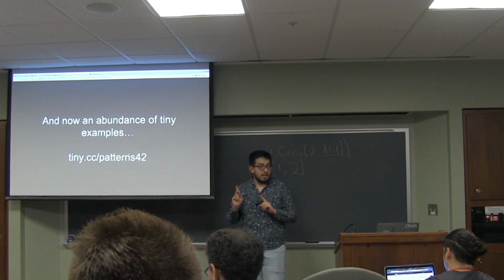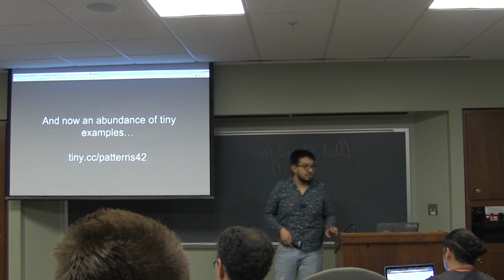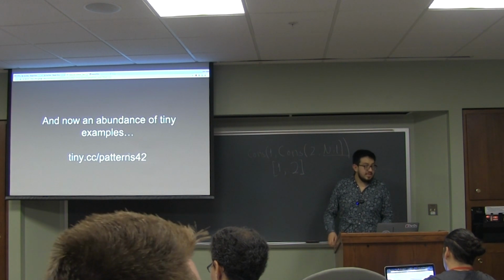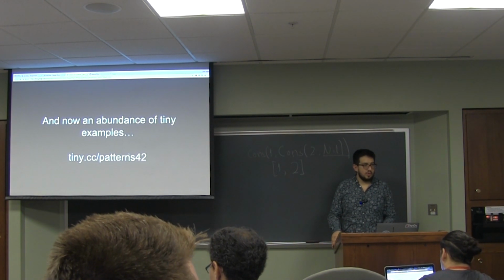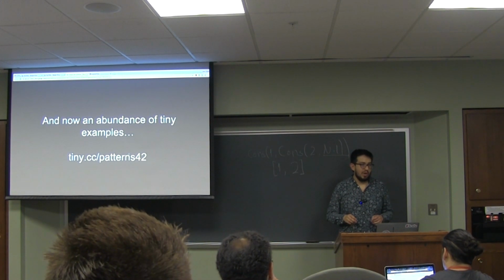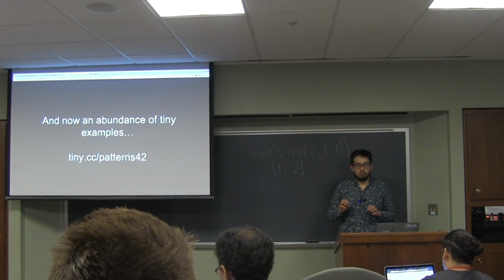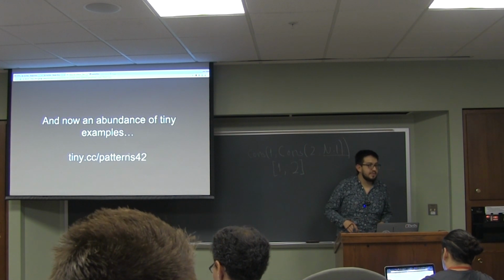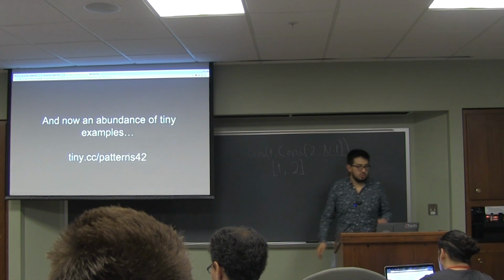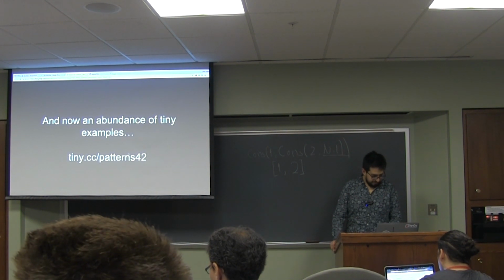Was everyone able to copy that? There's a link to a gist that has the exact same table. This is really important, and that's why I made it into a gist. You will need that as reference when we look at some Matryoshka types. It will be very useful to be able to refer to that table.